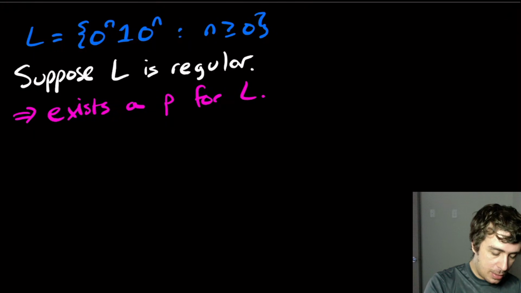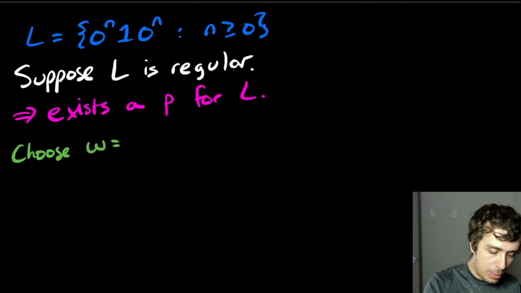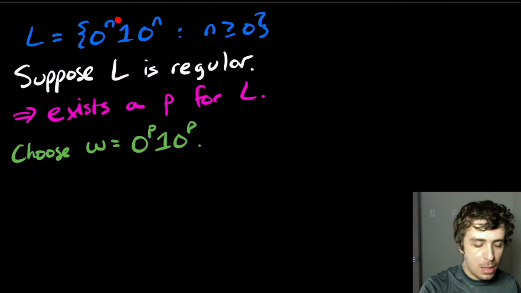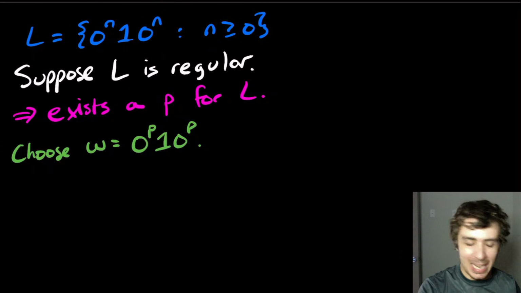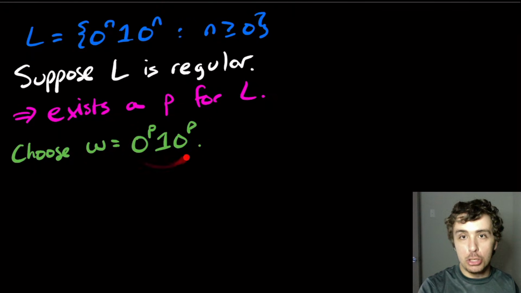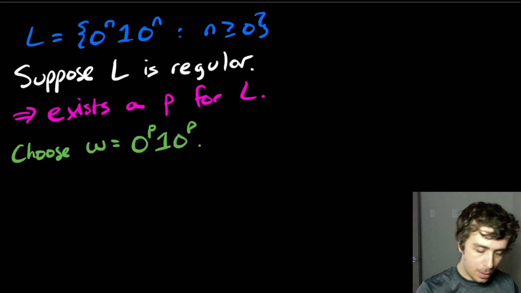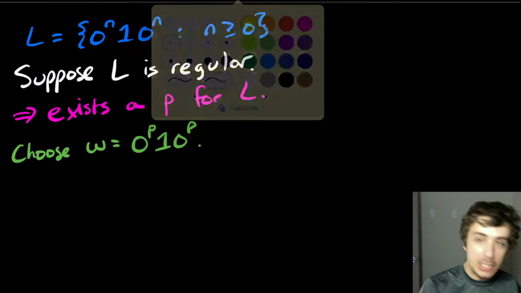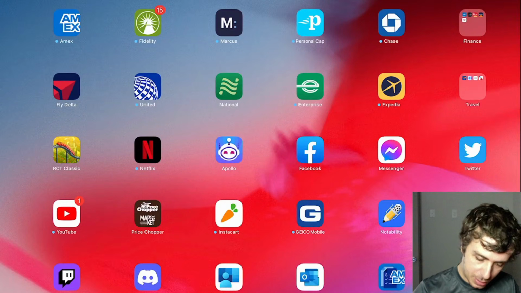So let's choose W equal to 0 to the P, 1, 0 to the P. Note that this is in L because I just substituted the P in, and its length is 2P plus 1, which is definitely at least P, which is good. Okay, so now we need to look at all decompositions of this string into those 3 parts.